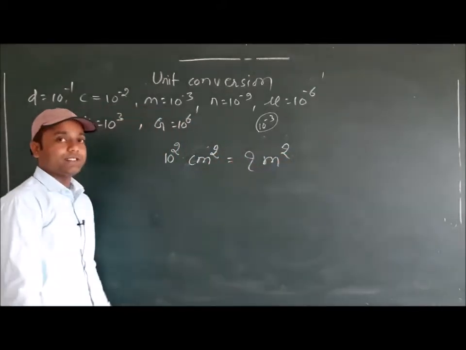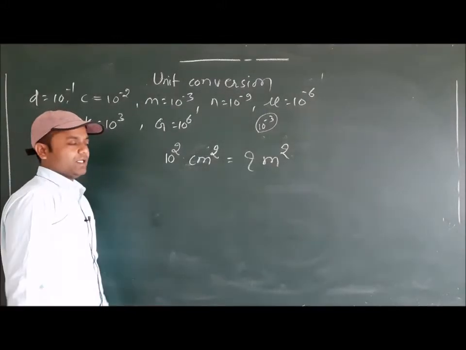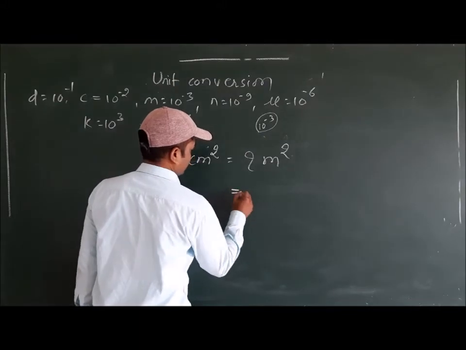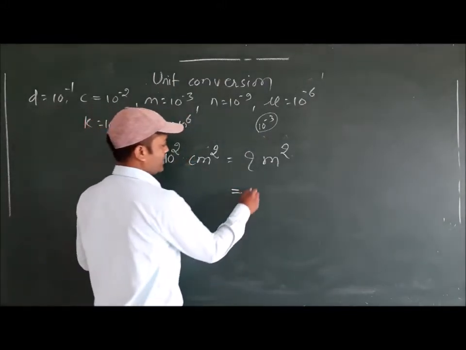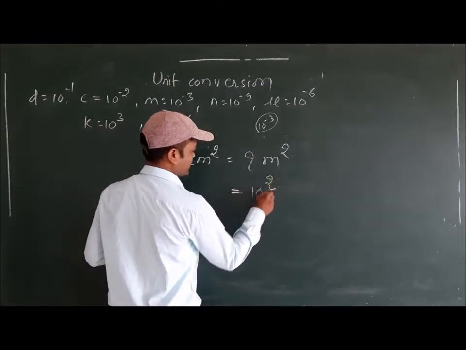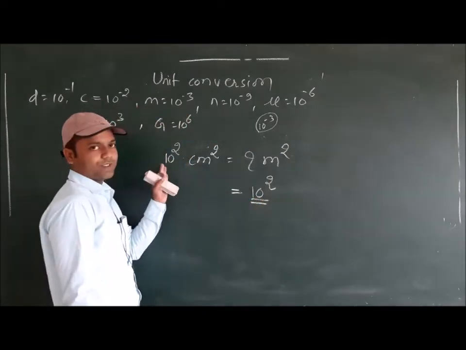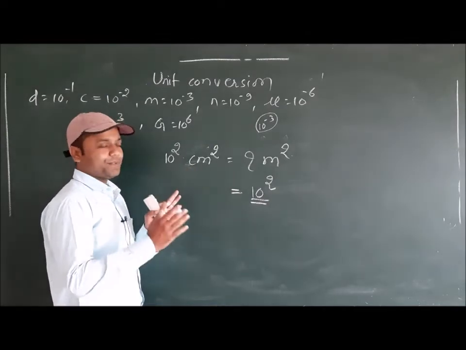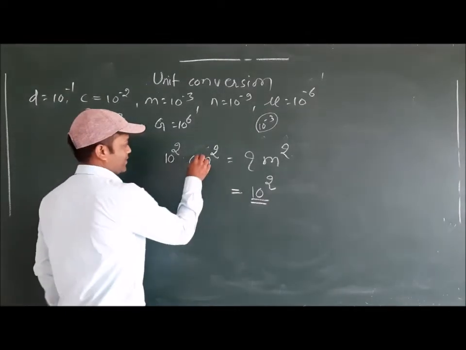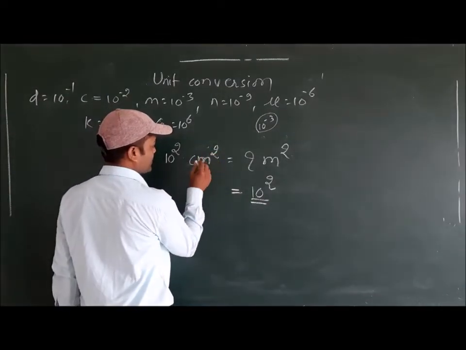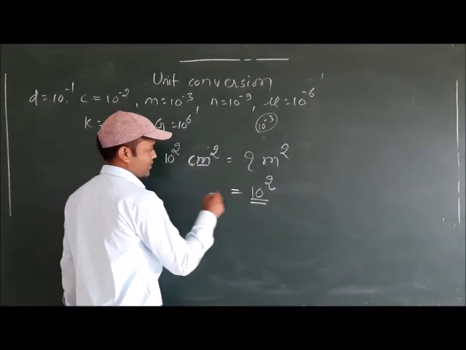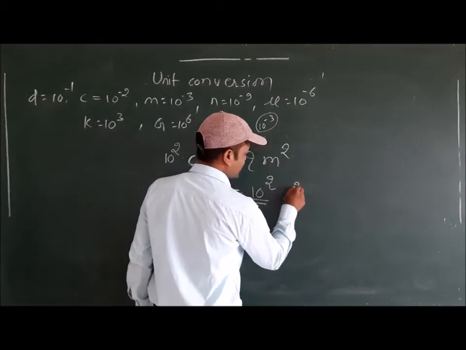In square cases, what do I have to do? 10 to the power 2, I write as it is, because the value we have to write as it is. Then centimeter square, I separate centi and meter. It is centimeter square, but the square is on that prefix and that unit also. So what I do: centi square and meter square.